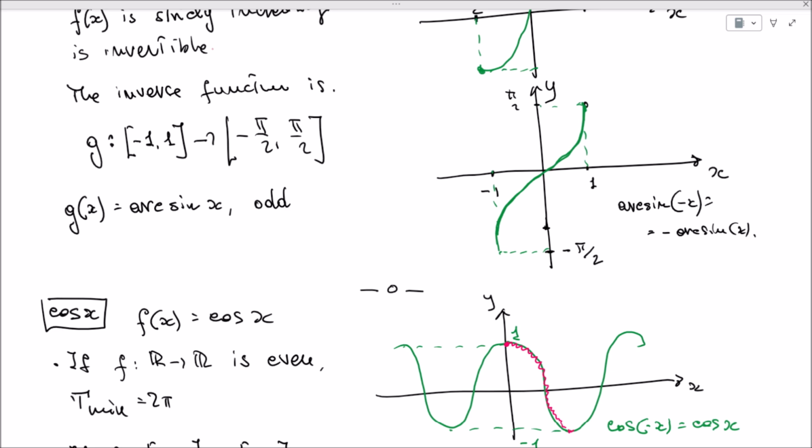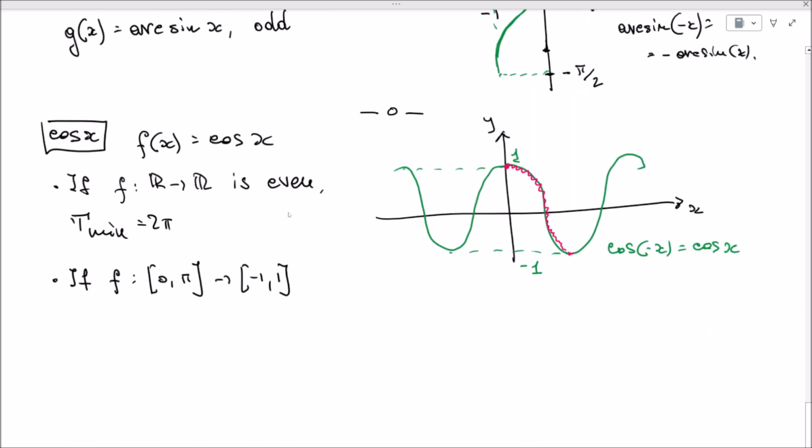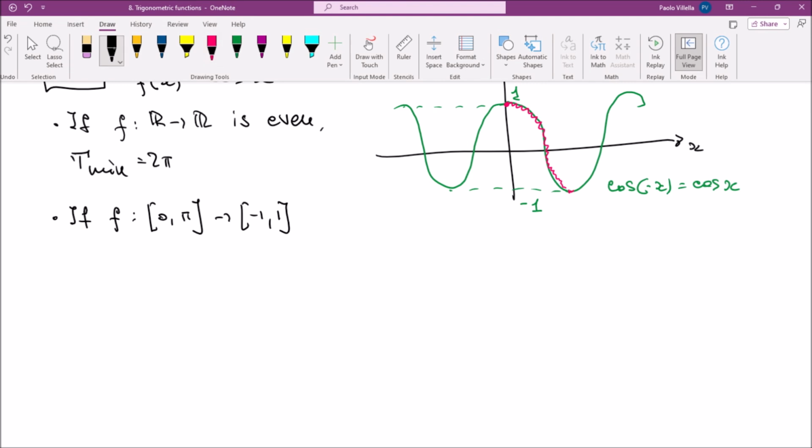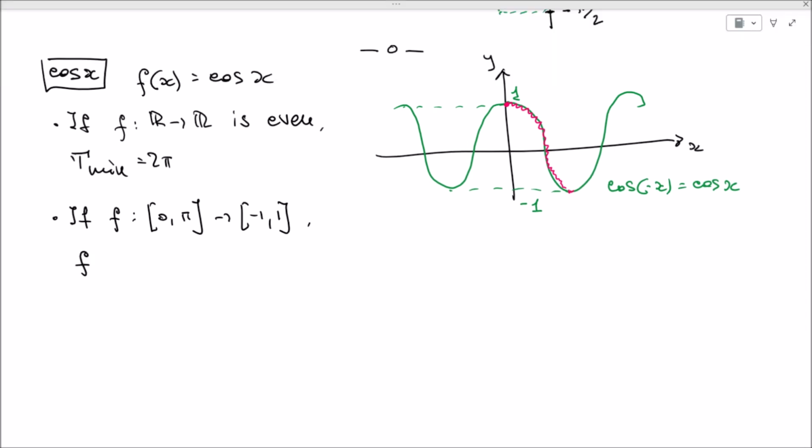And if we do this, of course, the function f is now strictly decreasing and invertible. And what will be the inverse of this function?